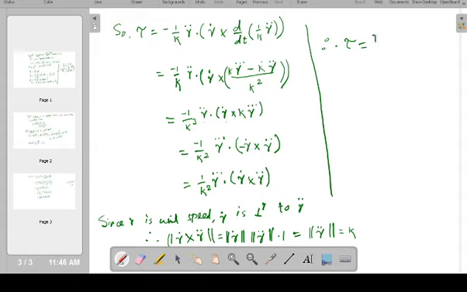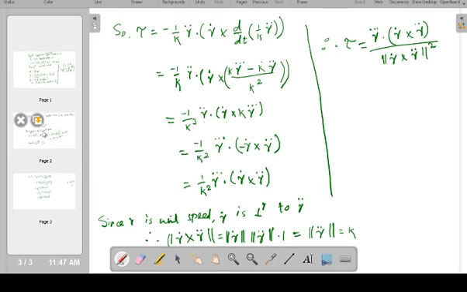So gamma triple dot, inner product with gamma dot cross gamma double dot, divided by the norm of gamma dot cross gamma double dot squared. And this is the formula we wanted, right?